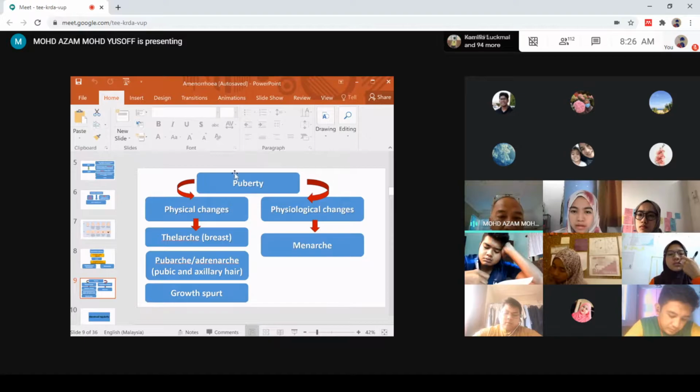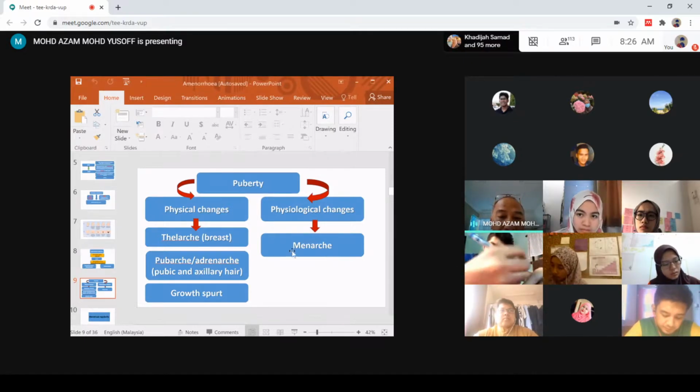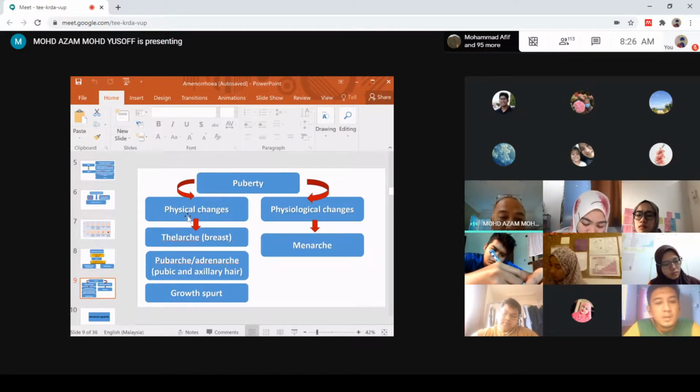So again, in this puberty, there are 2 sides. One is physiological, the other one is physical, I would say. Physiological is mainly menarche, the start of the menstruation. And physical is secondary sexual characteristic. Thelarche, some people say pubarche, this is for pubic hair. Some people quote it as adrenarche, it's about the same actually.